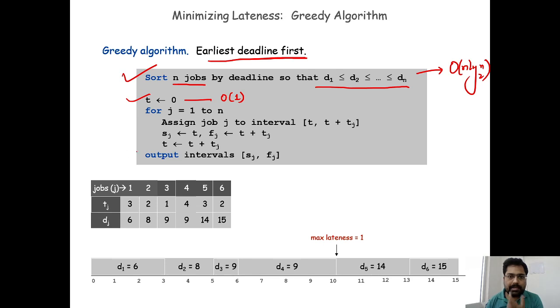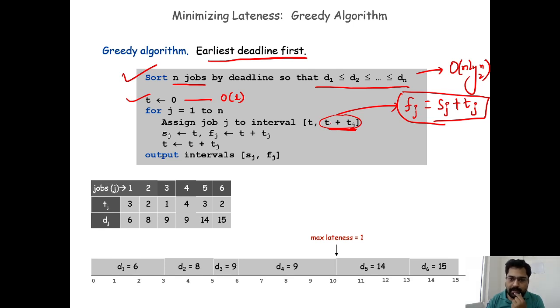Next, assign j to such an interval: 0 plus the processing time that we recently discussed. This is what we studied as f of j, which can be written as s of j plus t of j. In this way we have written the answer.